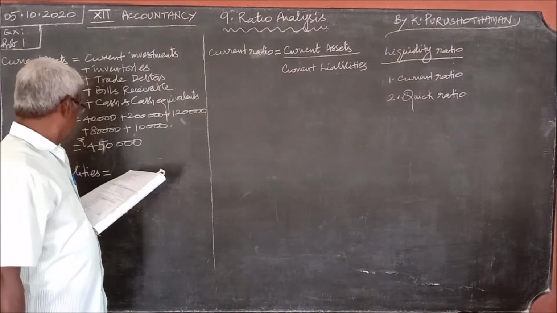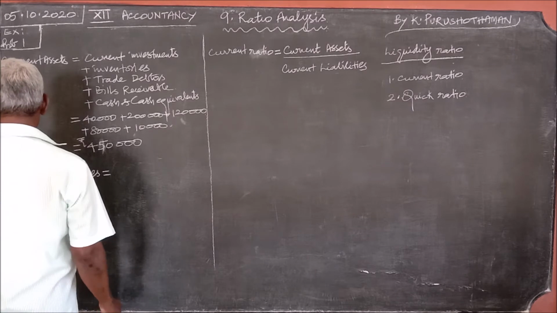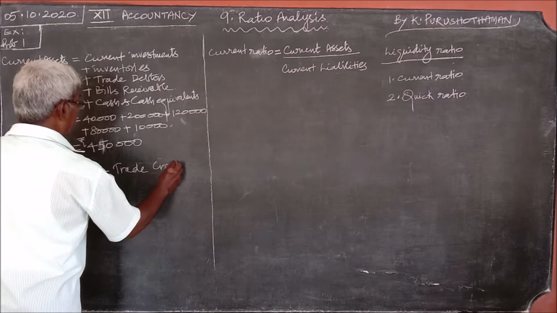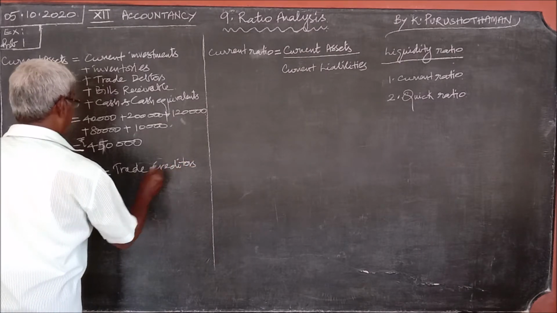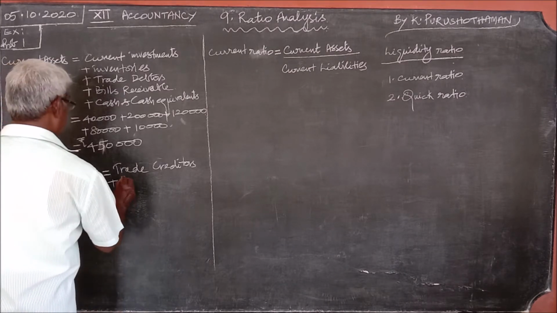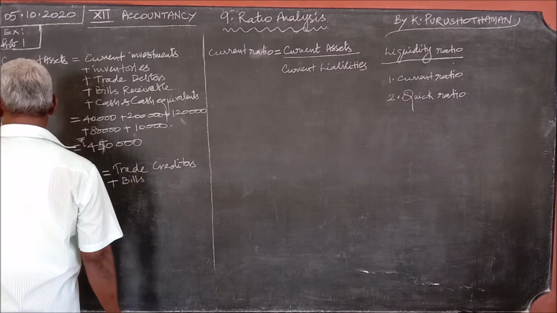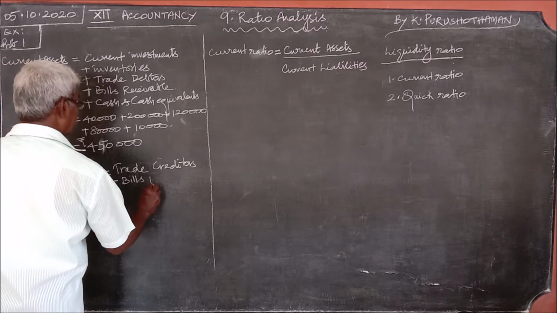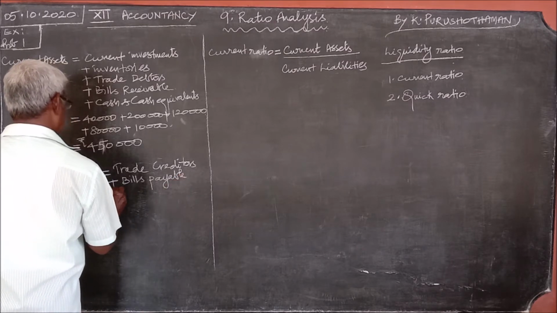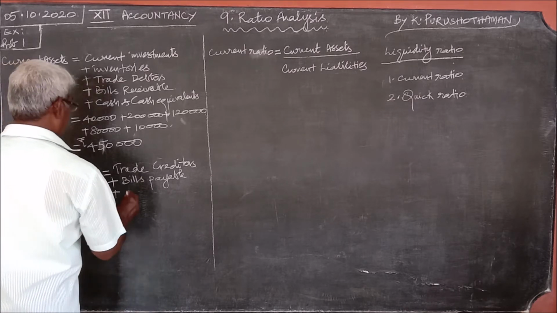Then go to current liabilities. The first item is trade creditors plus bills payable plus expenses payable.